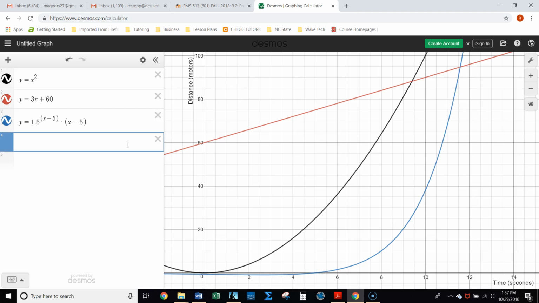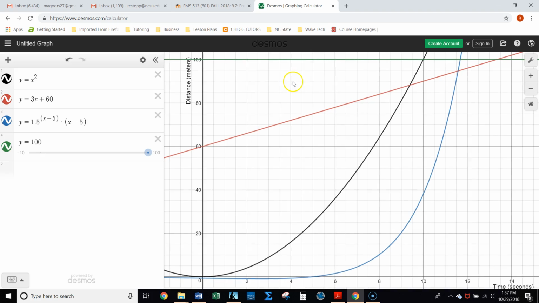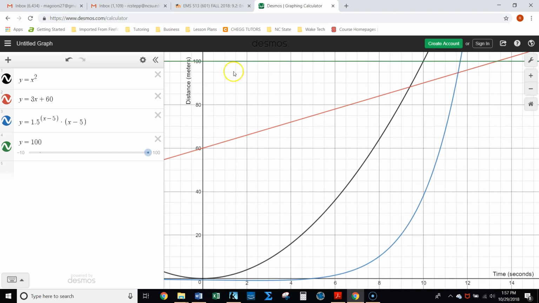And just for being able to show this, since y is in distance, we can make the constant function y equals 100, and that would be in meters, so 100 meters. And it appears that the rabbit finishes first, though they are all pretty close.